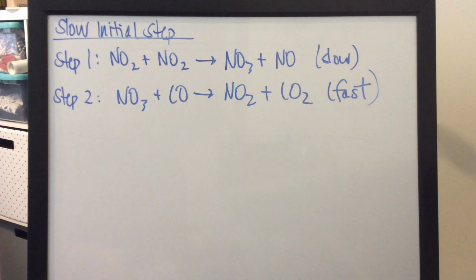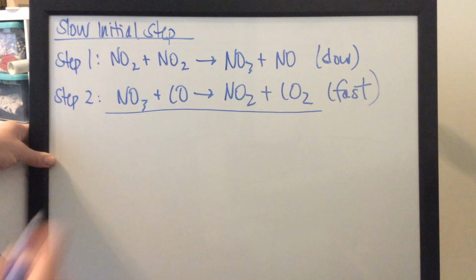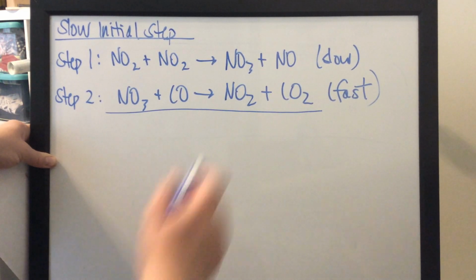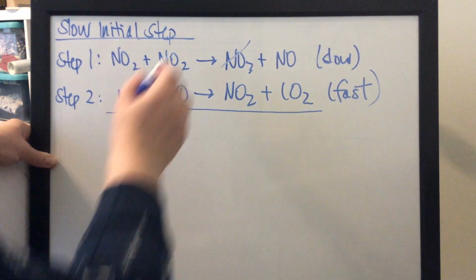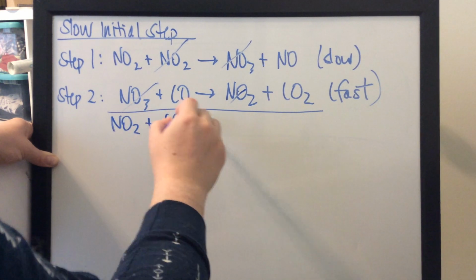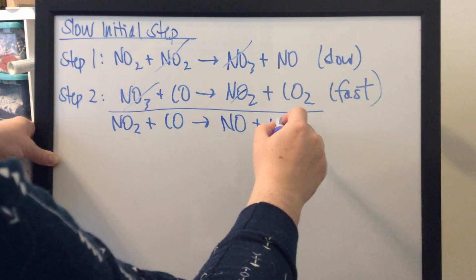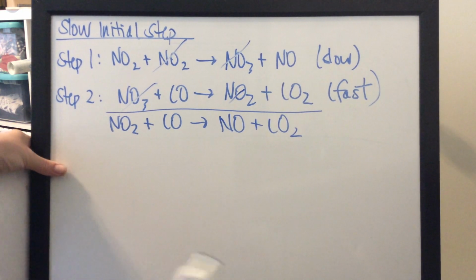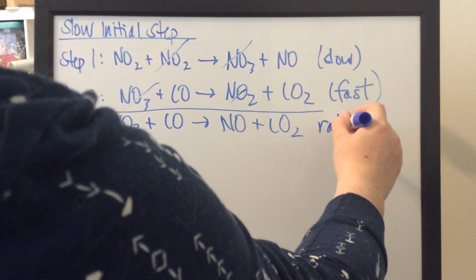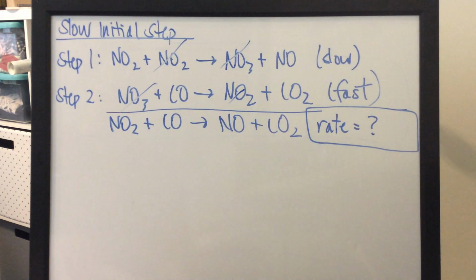Okay, so we've already learned previous to this that we can take these two steps of the mechanism and add them up to get the overall reaction. So NO3 would cancel, I have an NO2 that would cancel, and my overall reaction would be NO2 plus CO yields NO plus CO2. And what we're really looking for is this. Okay, what's the rate law for this new reaction?